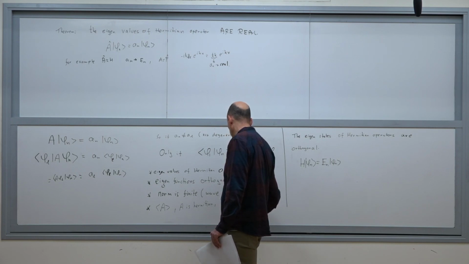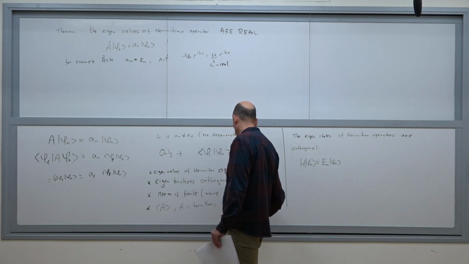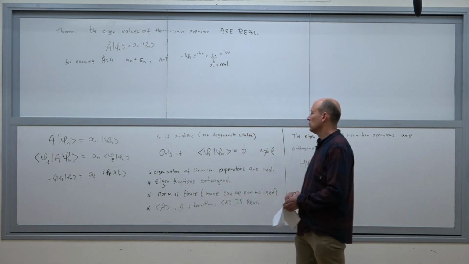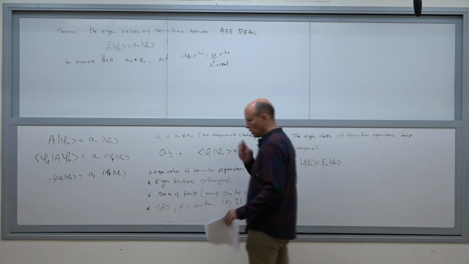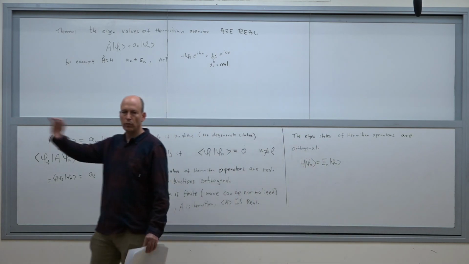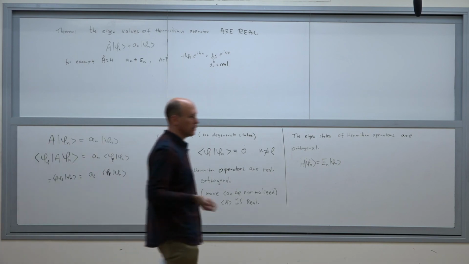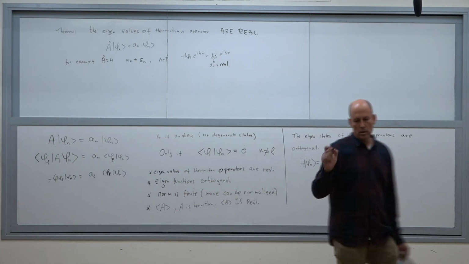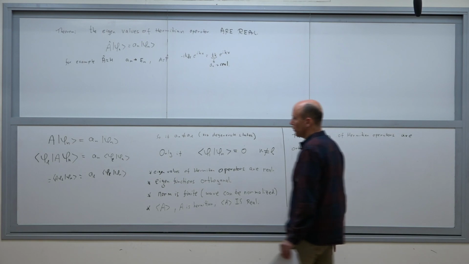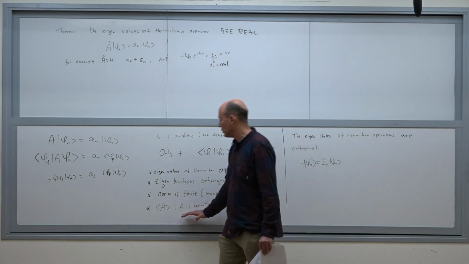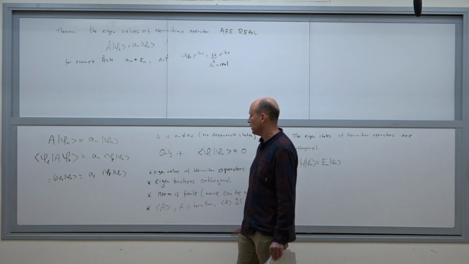Real. It's really trivial. You just need to move the A acting to the right over to the left, and take the complex conjugate. So this is another thing that we will continue in the next lesson. This is important. This is easy. You should prove it by yourself.